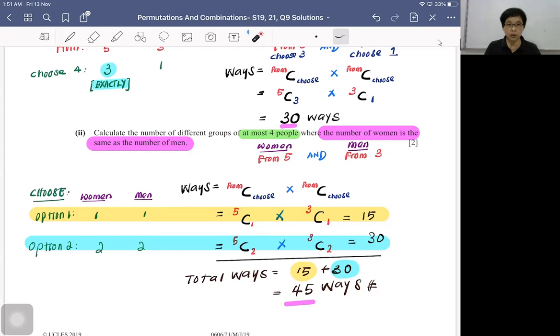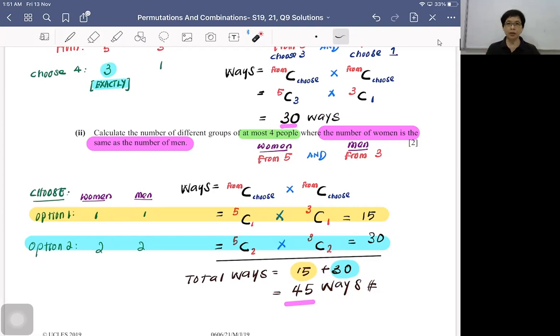Then for your option 2, for the women category, from 5 women, you're going to pick 2. There you go. And for the men category, from 3 men, you pick 2 men. And with a little keying of the calculator, again, for option 2, you can have 30 different ways of grouping.